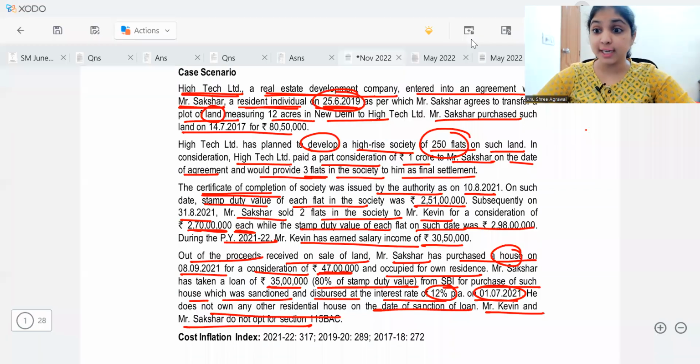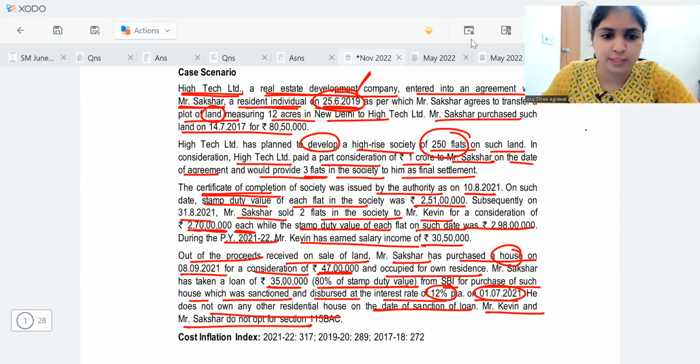So while they have clearly not told us the date of transfer of possession, we'll assume that the property was handed over by Mr. Sakshar to Hitech Limited on the date of agreement itself on 25th June 2019.